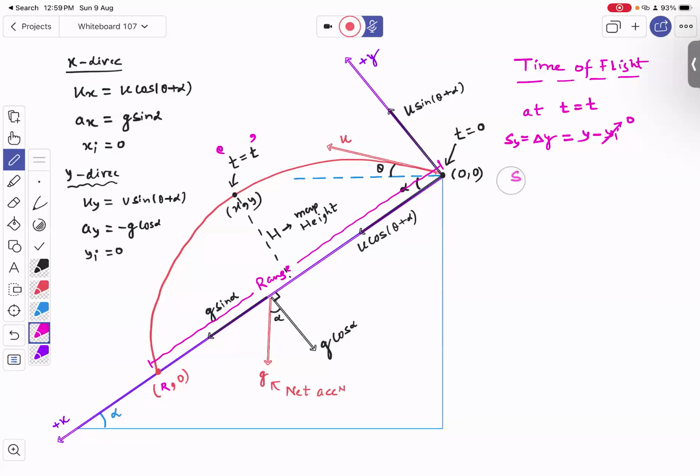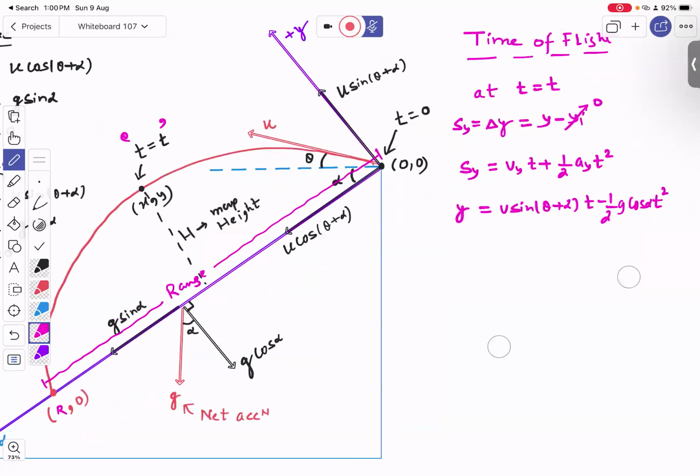If I write the equation of y, as you can see, the acceleration we have along y is constant, no? So displacement along y will be uy t plus half of ay into t square. Displacement along y is y only. Uy is u sine theta plus alpha into t minus half g cos alpha into t square. I hope you can see that thing I wrote very small.